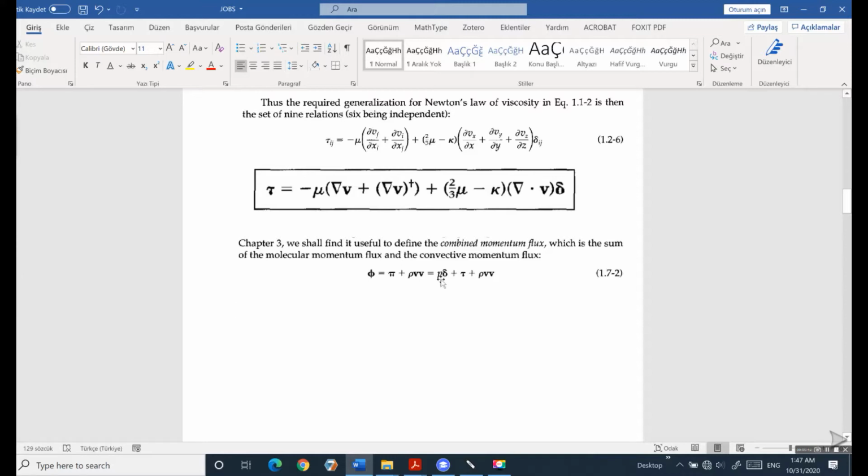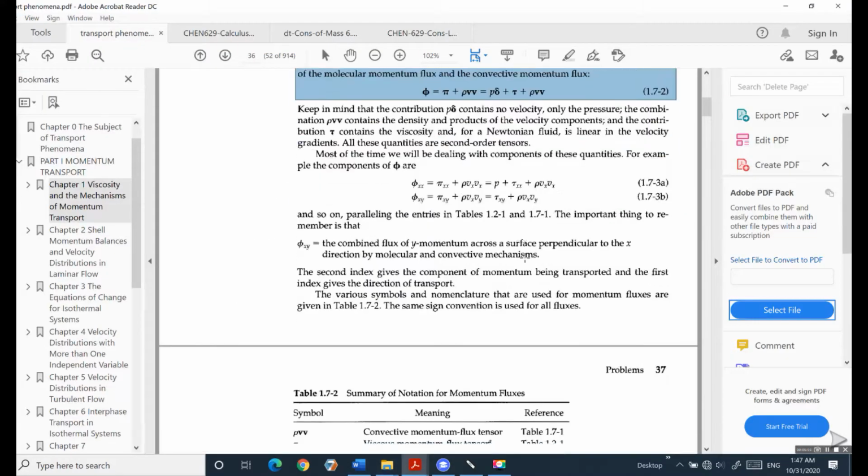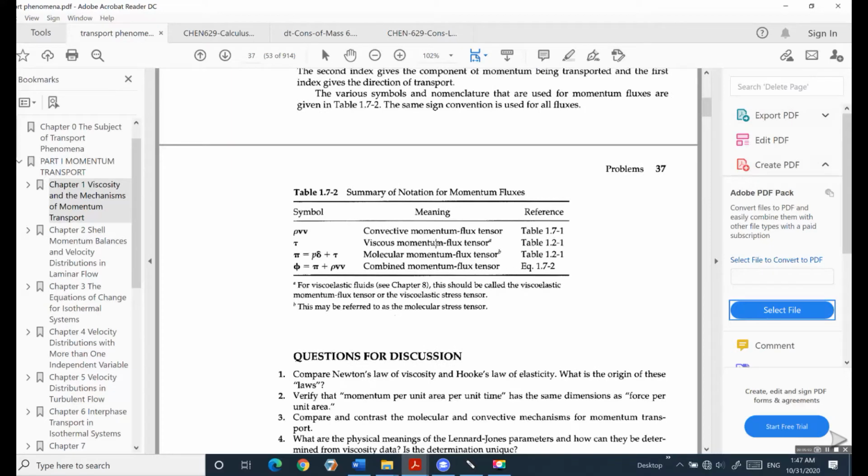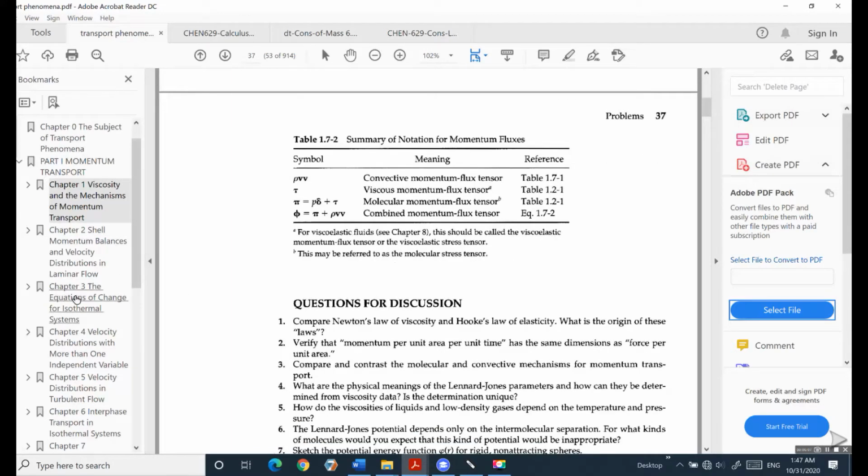The molecular has two pieces of force: the first one is because of the pressure, the second is the viscous force. This is our final relation, representing the combined flux from the combined momentum transport. If you check all these relations in chapter 1, you can find them there.